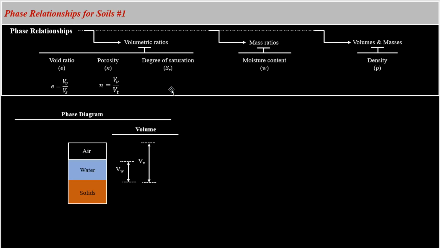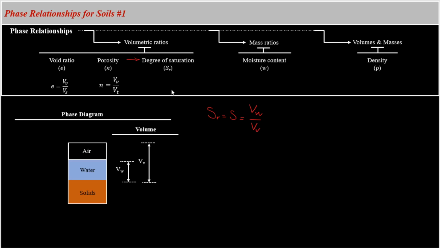The last parameter to talk about in this category is the degree of saturation, which is shown by S sub R, or sometimes S, and is equal to the ratio between the volume of water to the volume of voids.